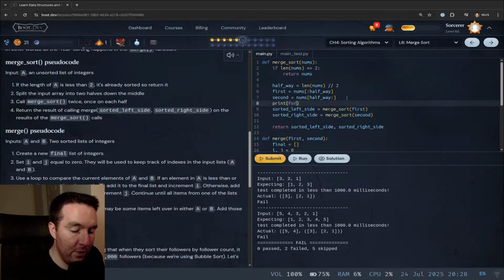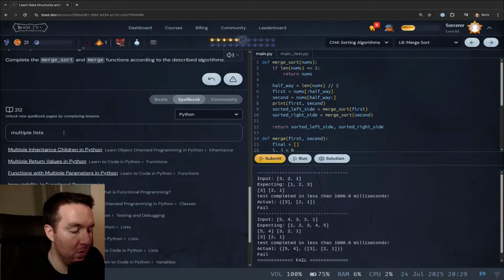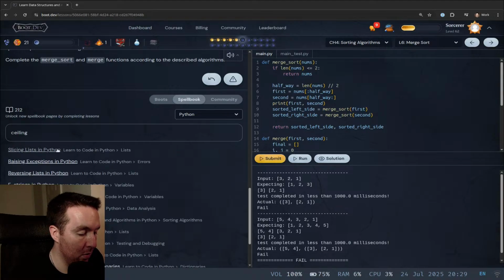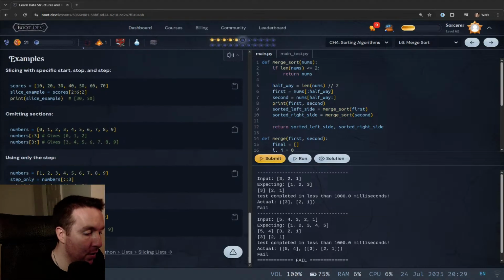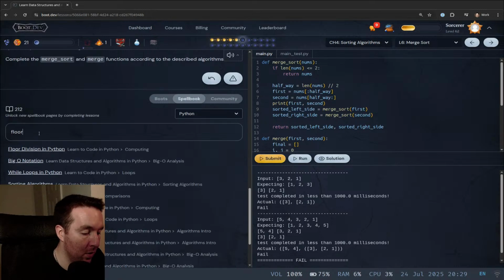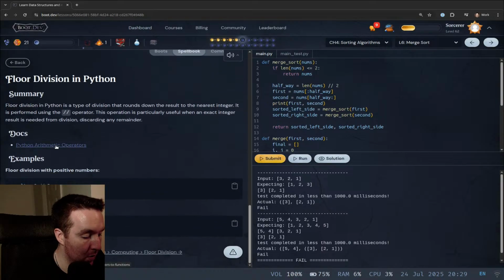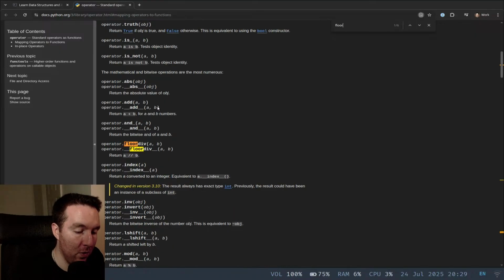So let's print first, second. So look at this: ceiling, floor.